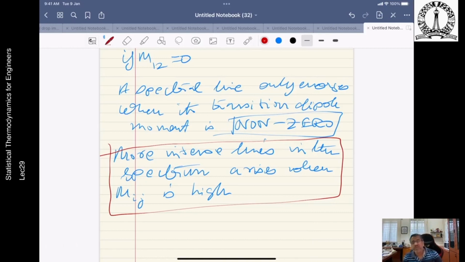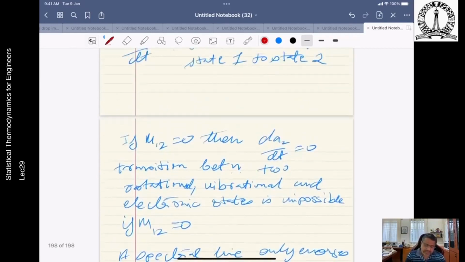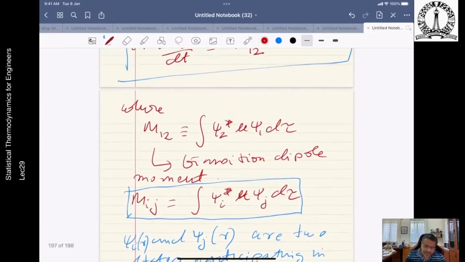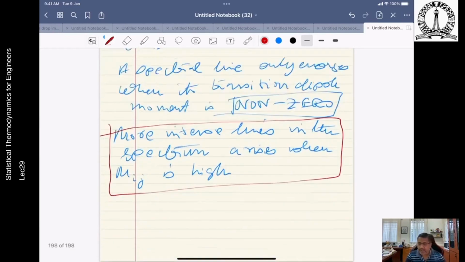The transition dipole moment is the most important thing, which determines which are the allowable transitions. It has to be non-zero for us to have an allowable transition.